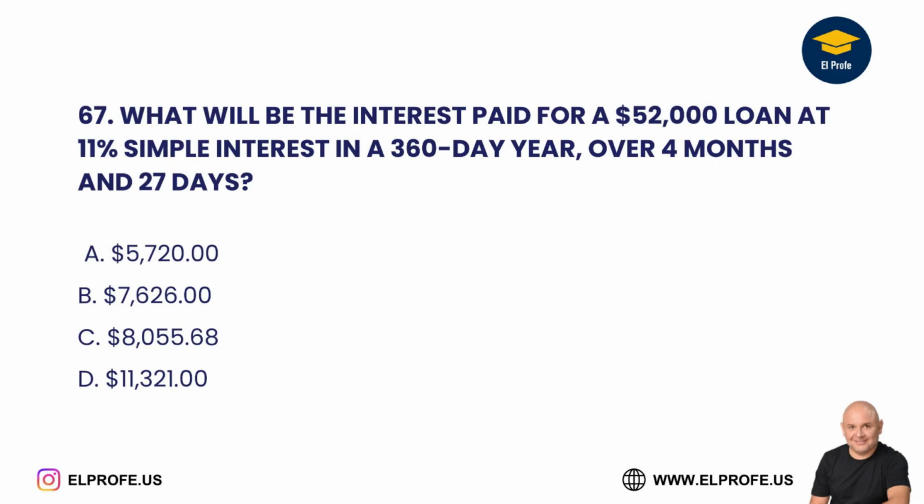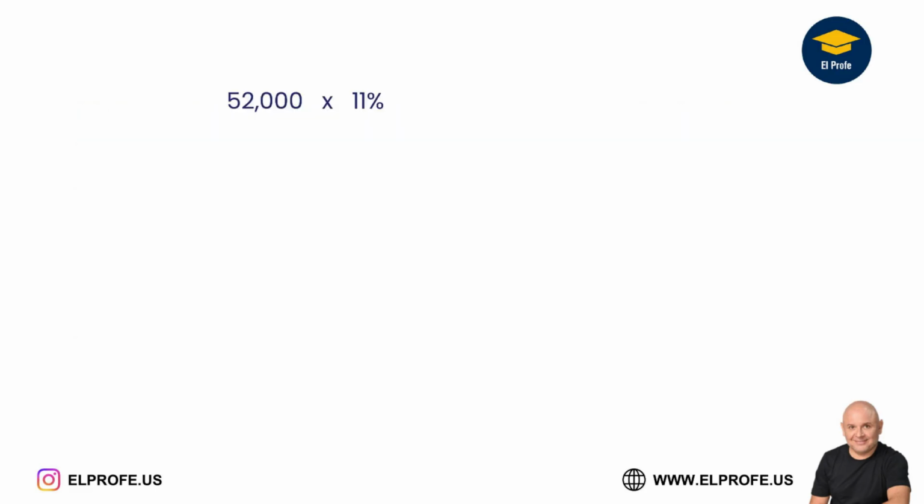Question 67. What will be the interest paid for a $52,000 loan at 11% simple interest in a 360-day year, over 4 months and 27 days? Here, they are explicitly telling you to use a 360-day year. Use 360 days per year. The first thing I have to do is calculate what 11% of $52,000 is.